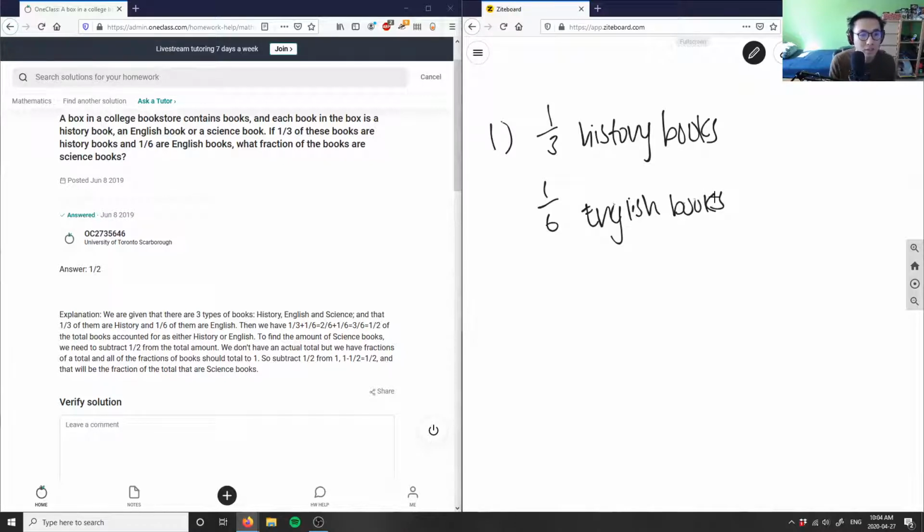And then what fraction are science books? So there are three types of books here: history, English, and science.